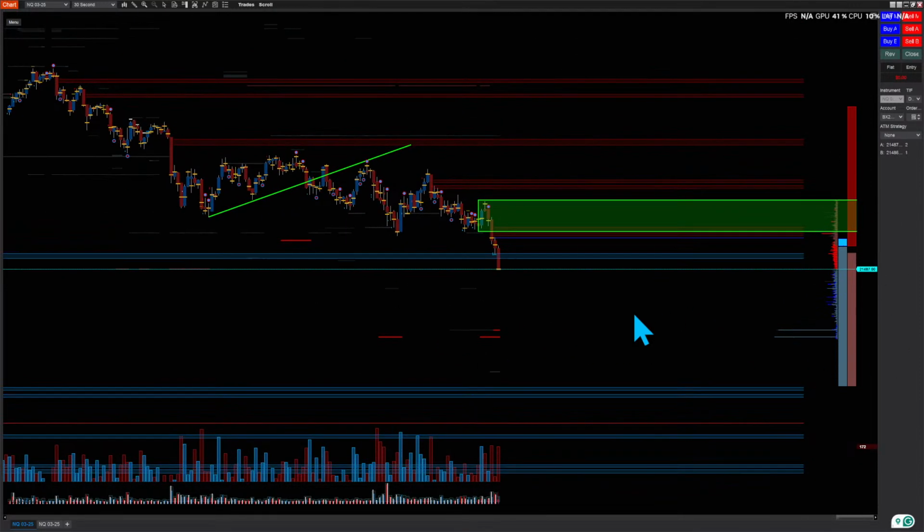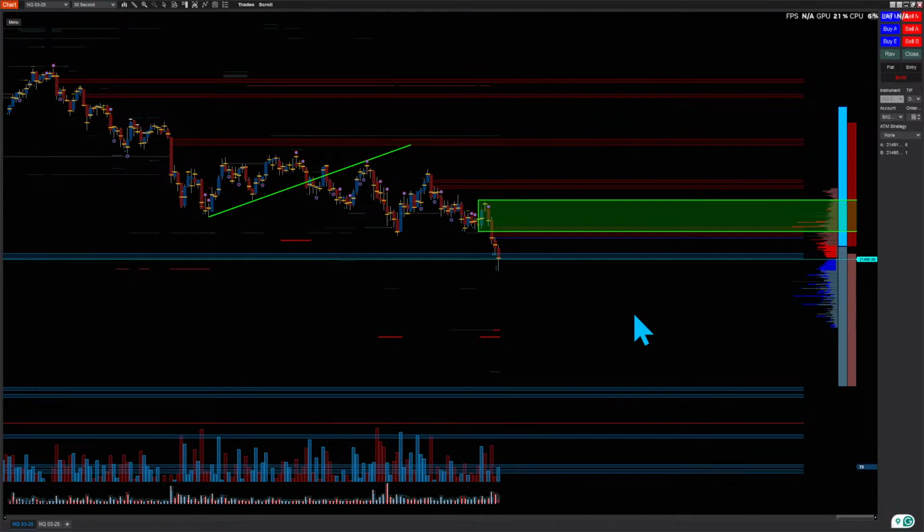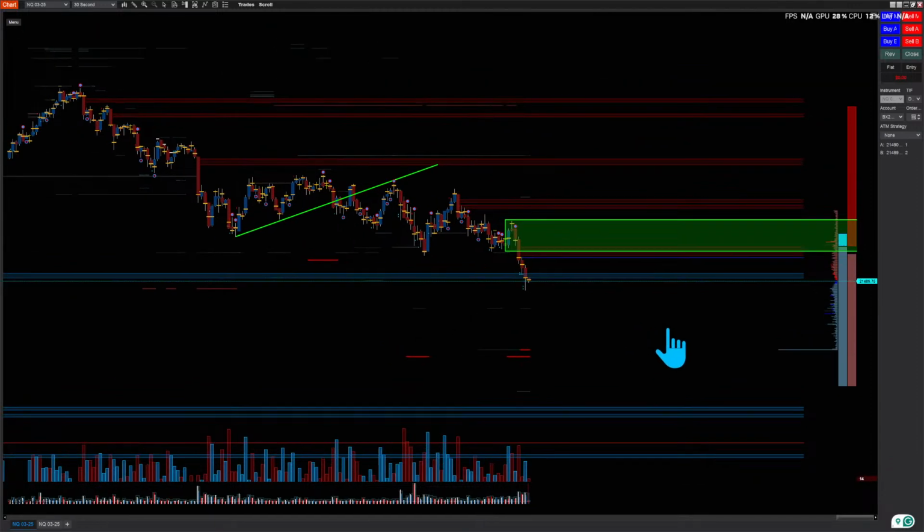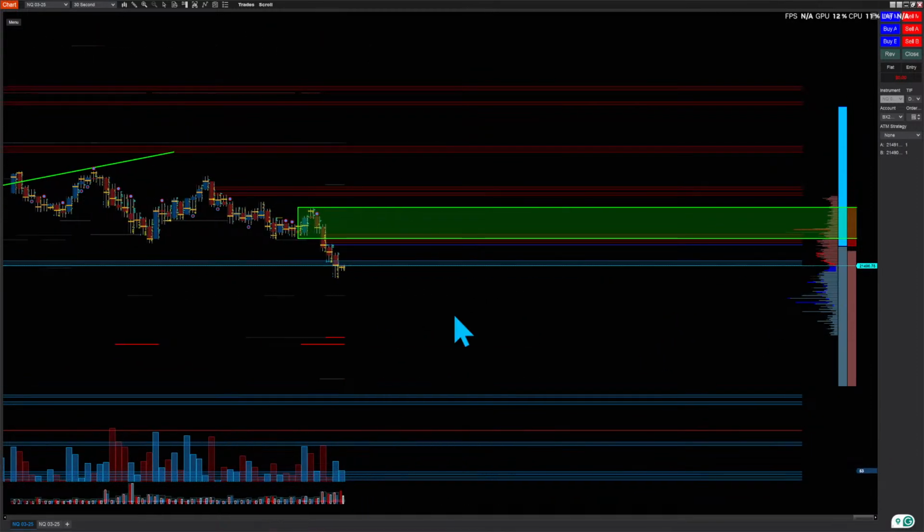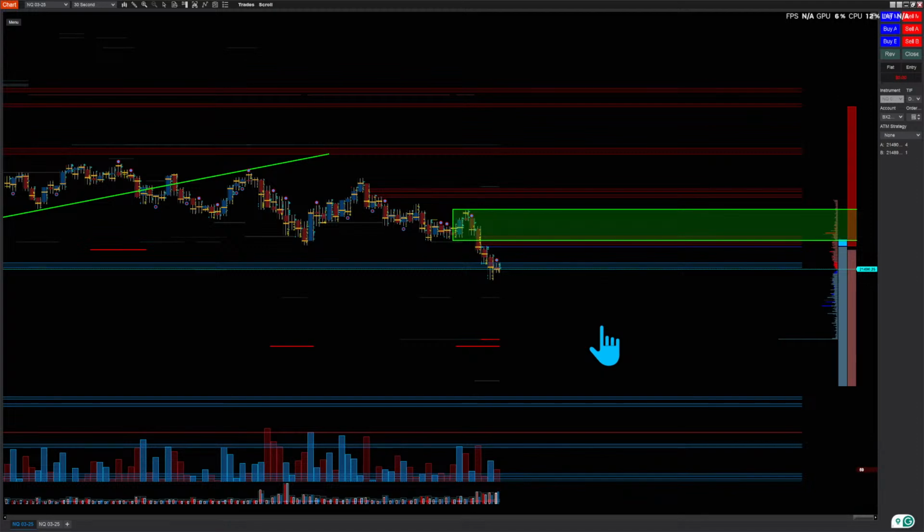Okay, so anyway, why am I talking to you not just about pulling and stacking, but about the other context going on the chart? Because the best scalpers come out of the usage of level 1, level 2, and level 3 data.